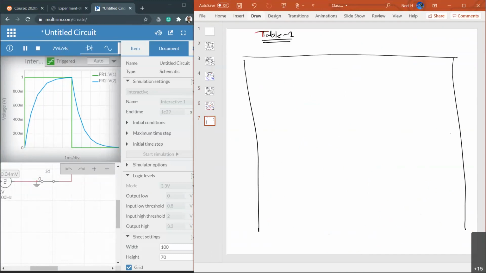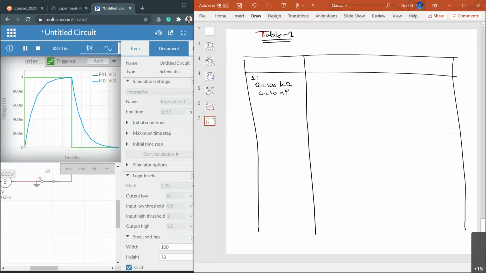So I have a different type of circuit, and in the circuit pictures we are working on circuit number 1. In circuit number 1, I have one resistor, which is 100 kilo ohms, and one capacitor, which is 10 nanofarad, okay? You have to put the circuit picture here, including the graph. So copy paste that later. It should show the circuit, resistor, capacitor, voltage supply, which is the clock type voltage, and the switch.